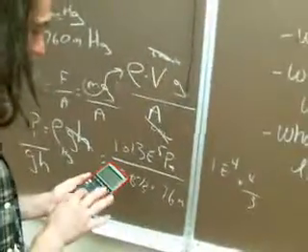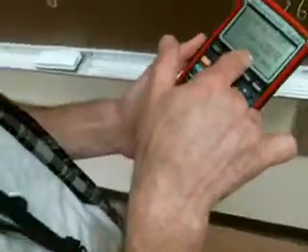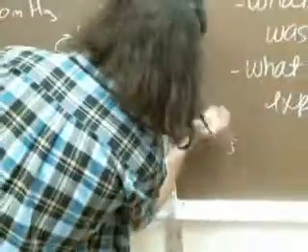So let's do this: 1.013 E5 divided by 9.8 times 0.76, and that is clearly 13,600, which is ish 10 to the 4th, 4/3.